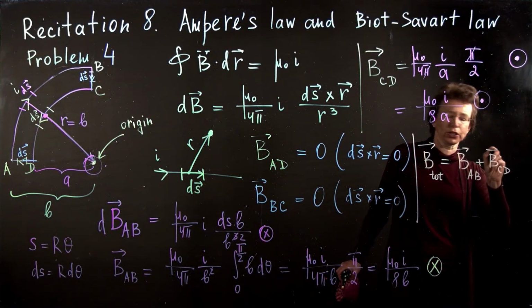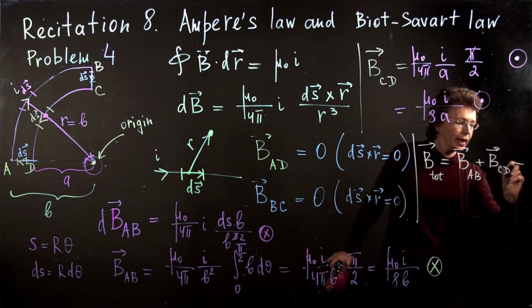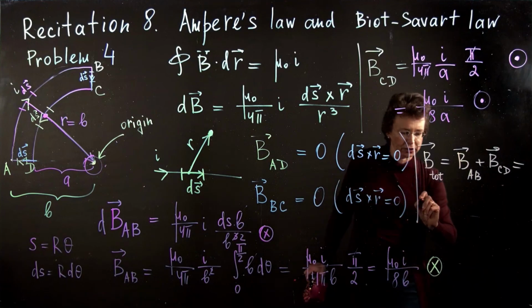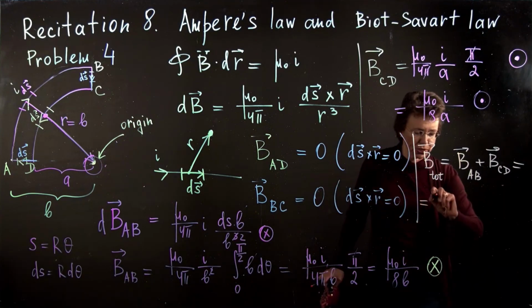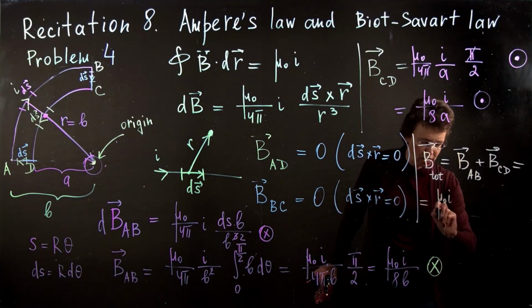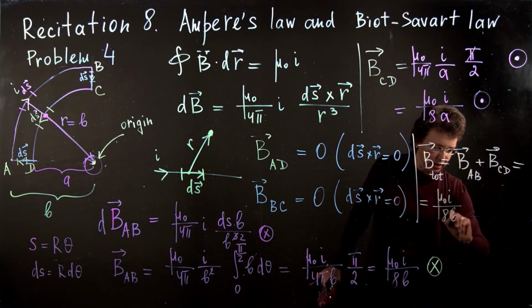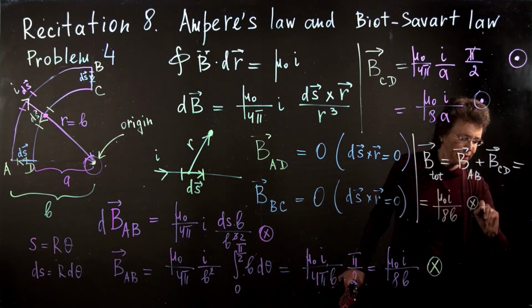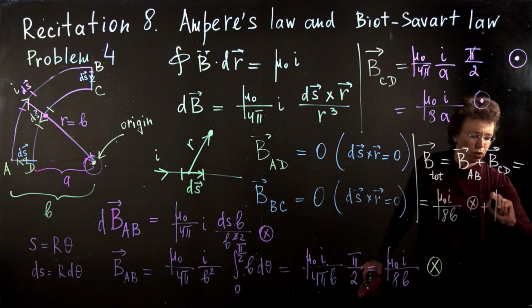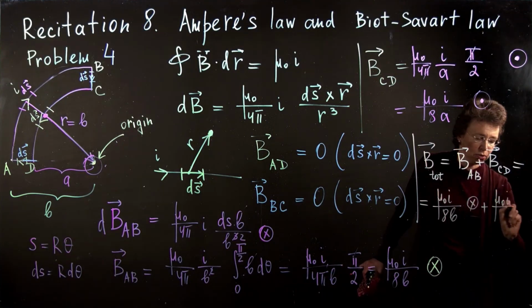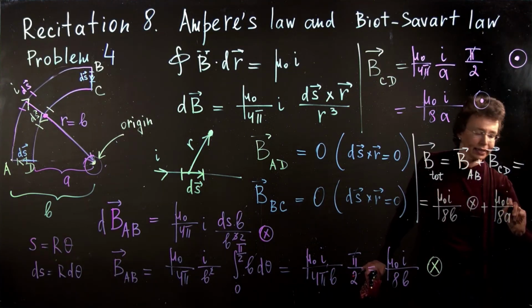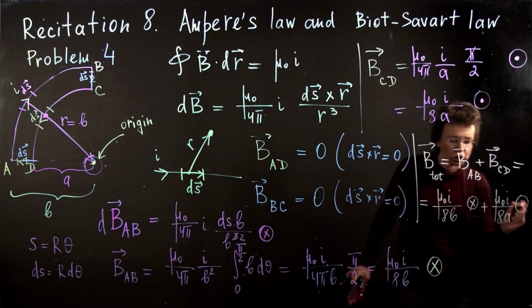I don't write other 2 because they are 0. And these 2 are in opposite directions. So either I put them as mu naught I over 8B in, and then I put mu naught I over 8A, and the direction is out.